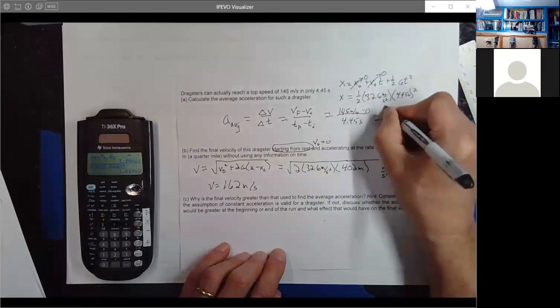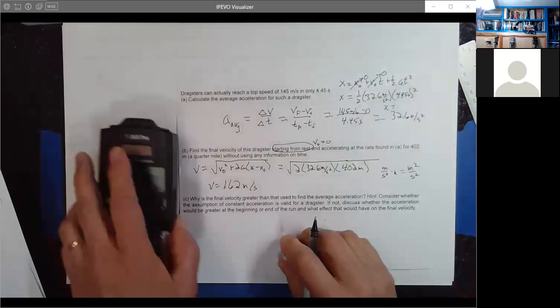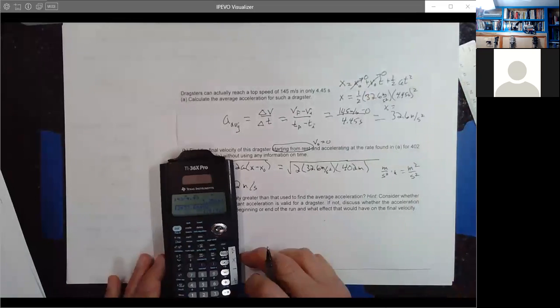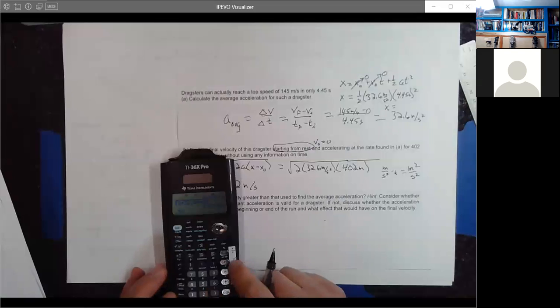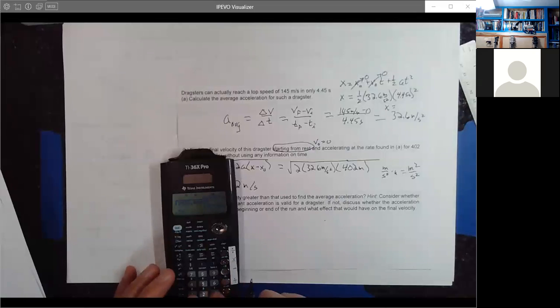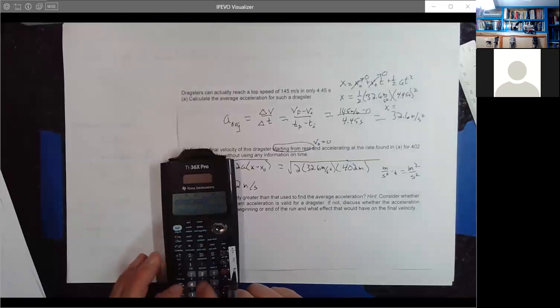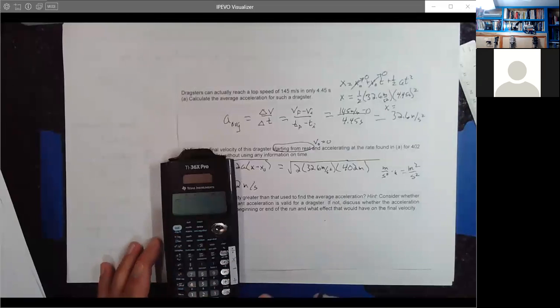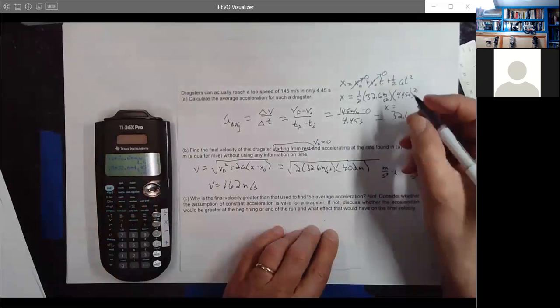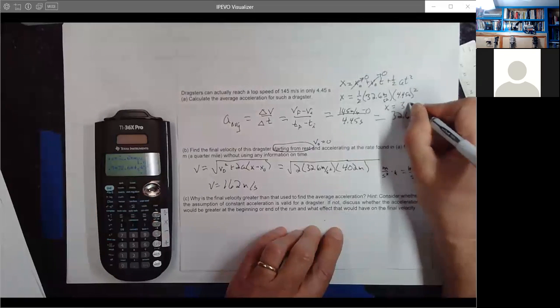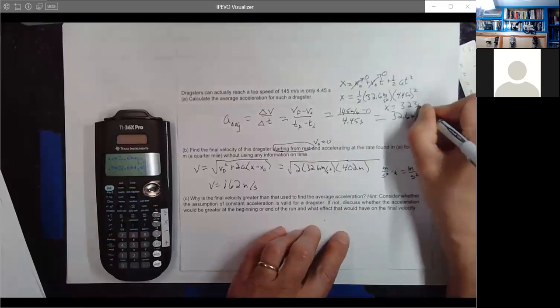I'd get a value for x: 0.5 times 32.6 times 4.45 squared, and I only get 323 meters.